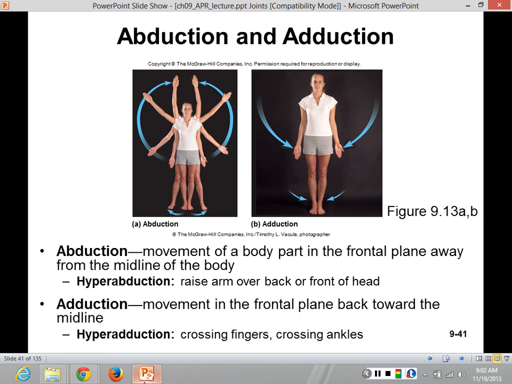Okay, Jasmine, I want you to do protraction of your mandible and retraction of the mandible. Protraction would be like my mouth out, and then retraction would be like pulling it back in. That's a hard one, isn't it?